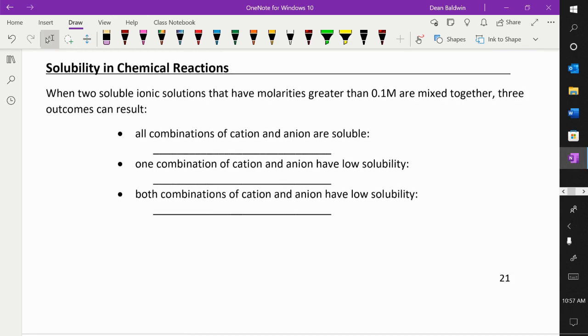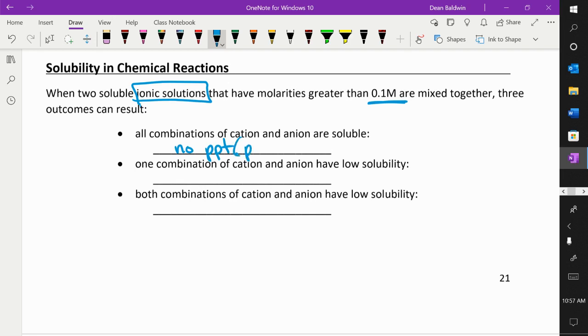Solubility in chemical reactions. Okay, this is where we're going to start to predict whether we get a precipitate forming or not. We've already done a bit of this. If you have two soluble ionic solutions with molarities greater than 0.1 and they're mixed together, there are 3 different things that can happen. 1, all the combinations of cation and anion are soluble, so no precipitate. Are you okay if I put PPT for precipitate?